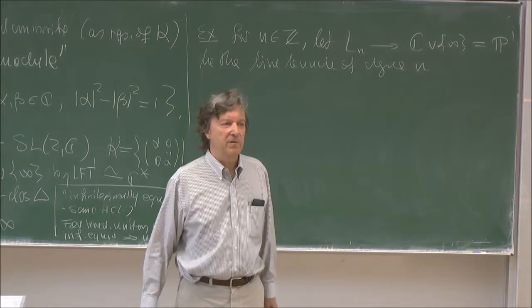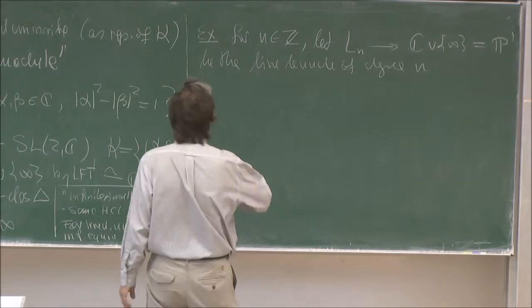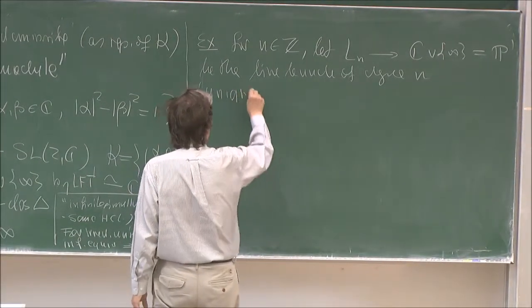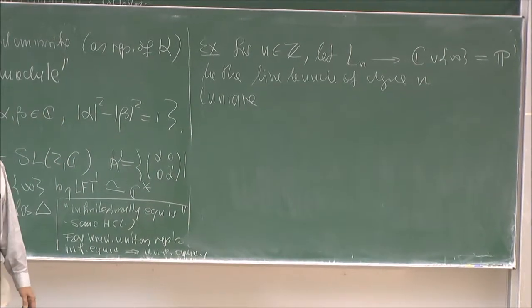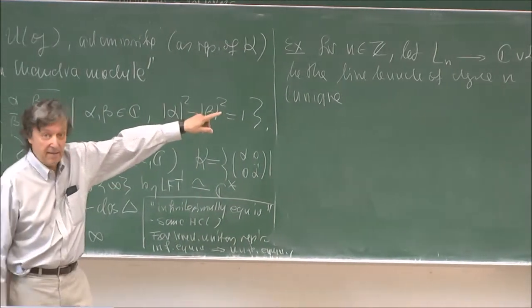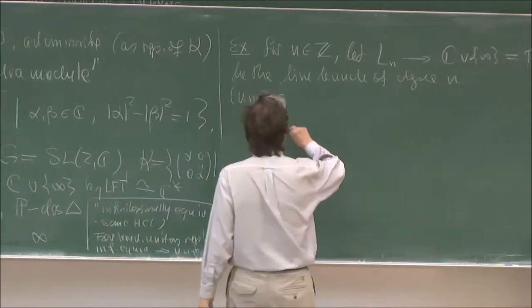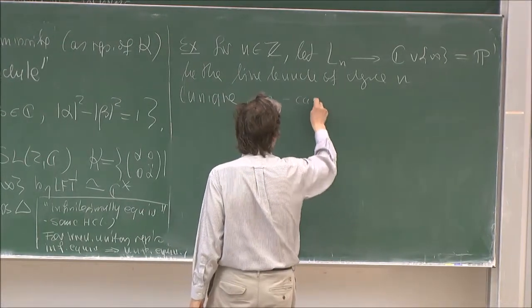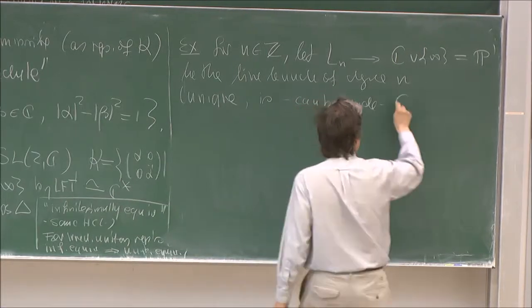So there's an obvious integral invariant, and then it is unique. That is, up to isomorphism, there exists only one line bundle of degree n on P1. And it can be made G-equivariant.